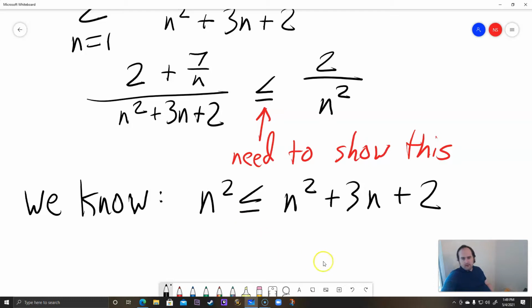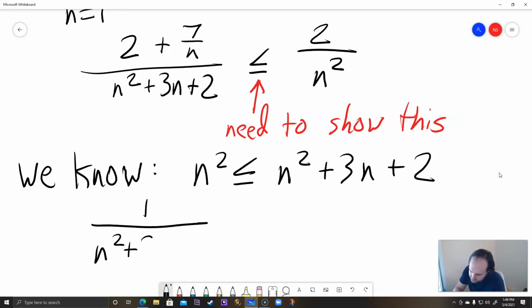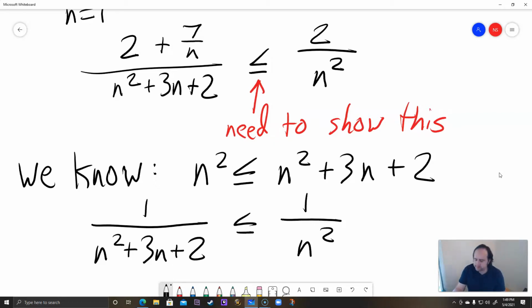If we take the reciprocal of both sides, we have 1 over n squared plus 3n plus 2 is less than or equal to 1 over n squared.